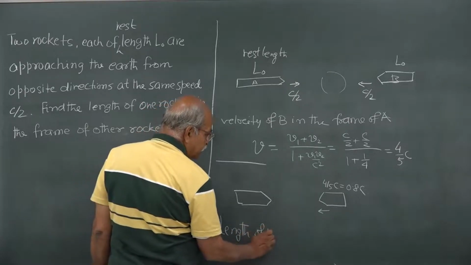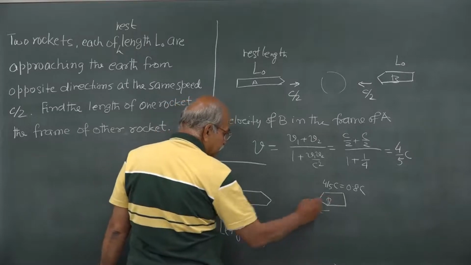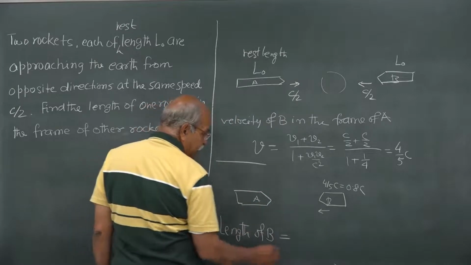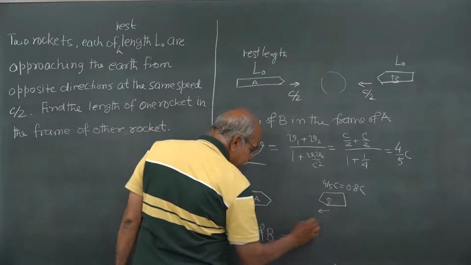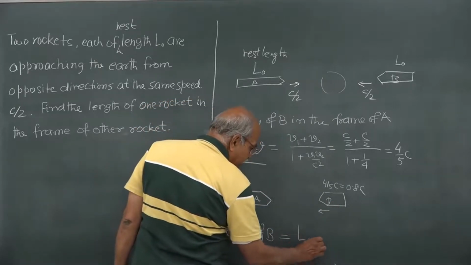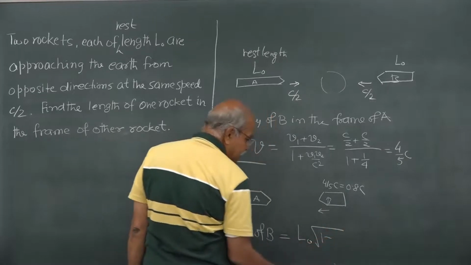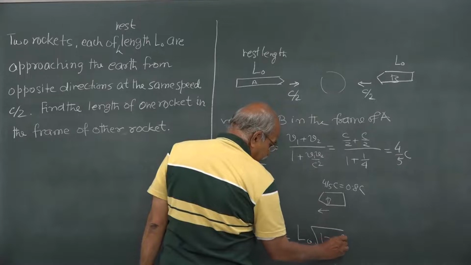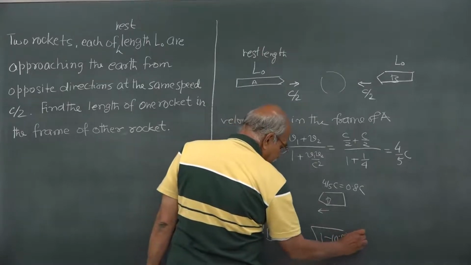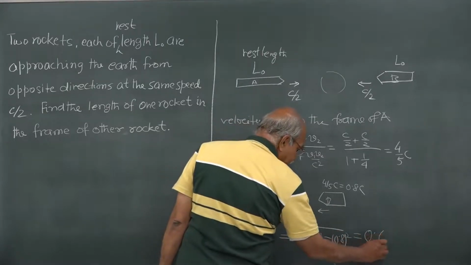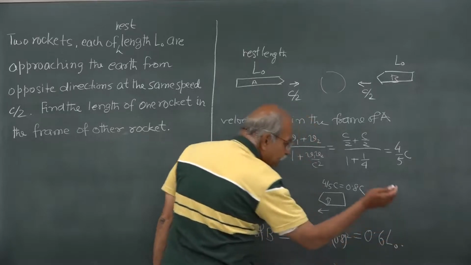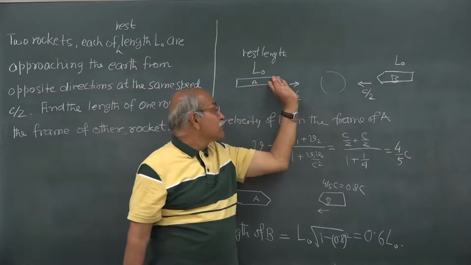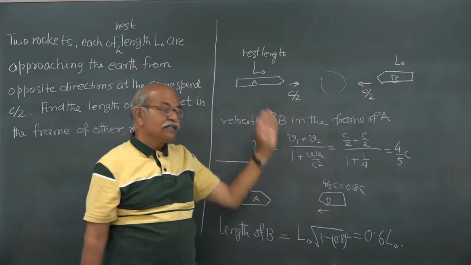Length of B, this is B, is equal to, as in from this A is its rest length, which is L naught, and then contracted by this factor square root of 1 minus V square by C square, that is this 0.8 square, and that is 0.6 L naught. So, that is the length of this rocket measured in this frame.